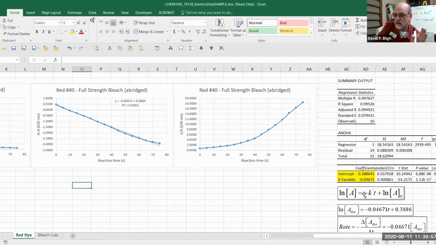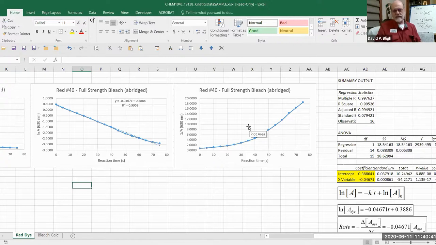Natural log of A equals minus K prime t plus natural log of A0, our starting concentration. So the slope of the line is a negative K prime. So the slope of the line in this case is minus 0.0467. If that's the negative K prime, then the K prime is equal to 0.0467.